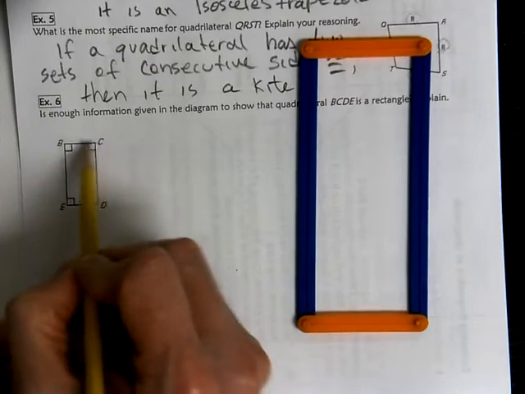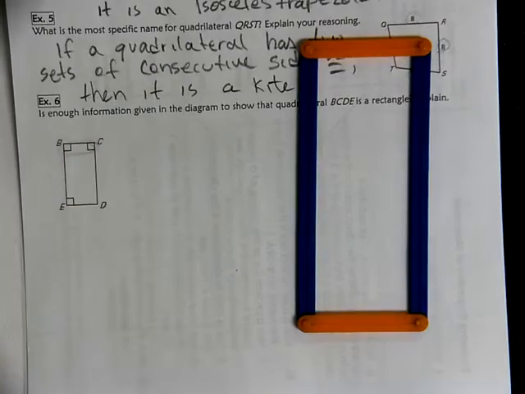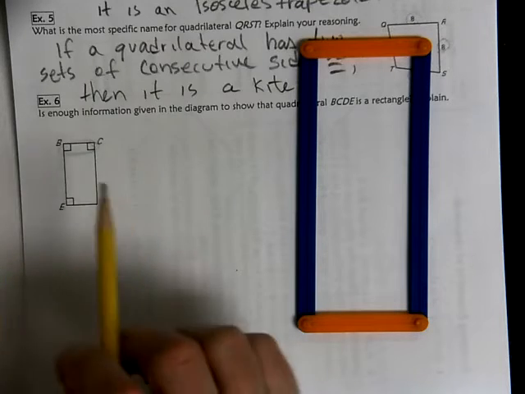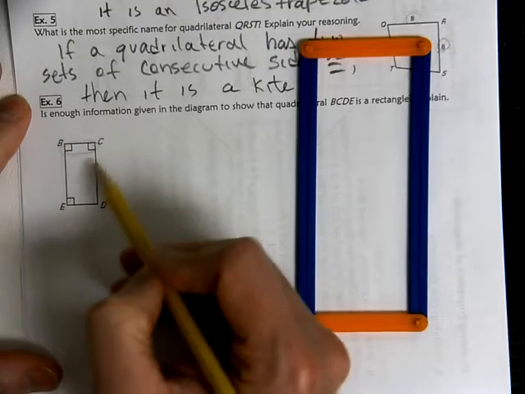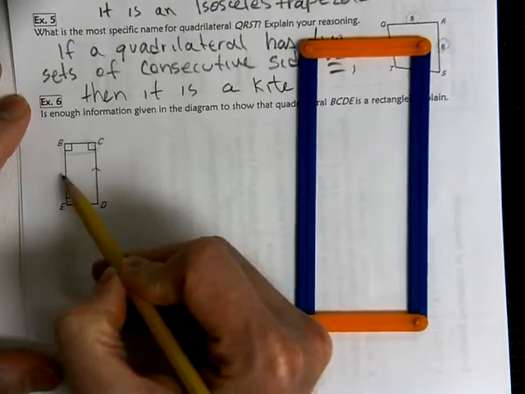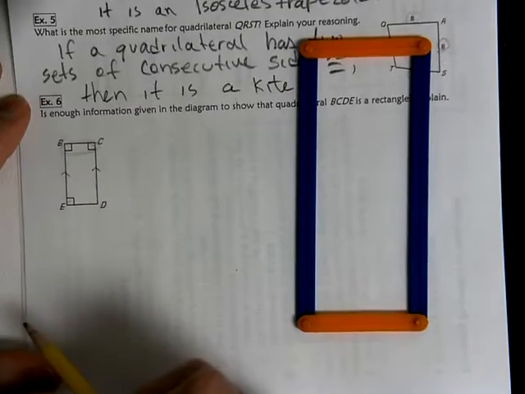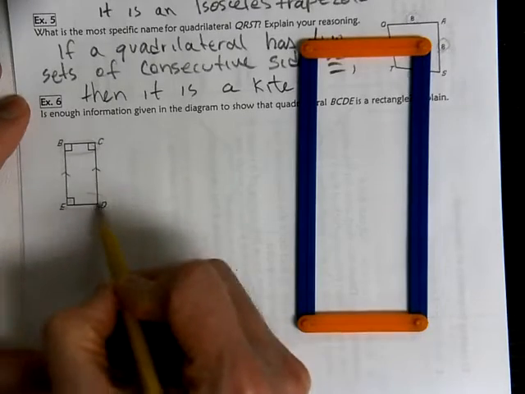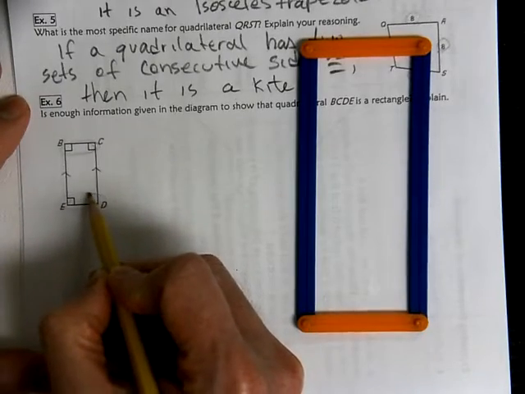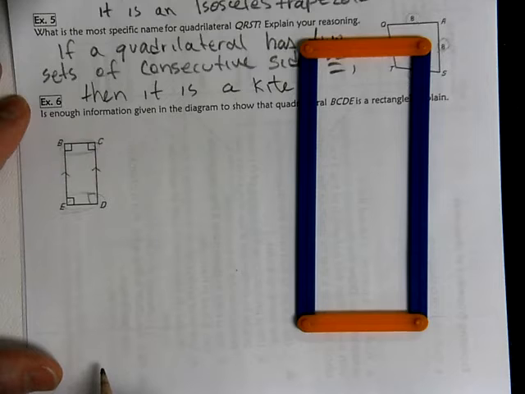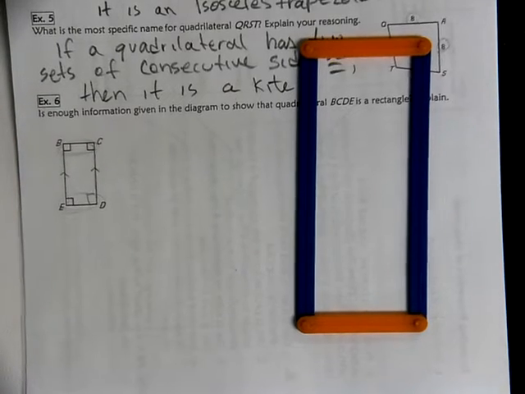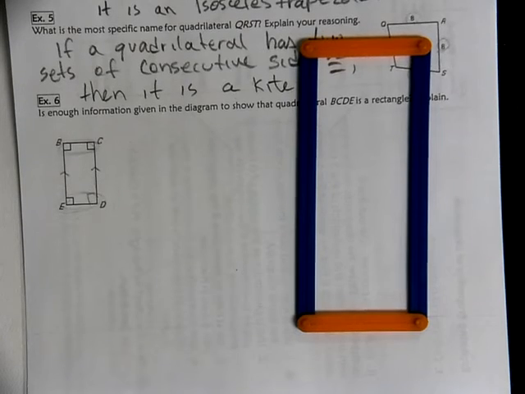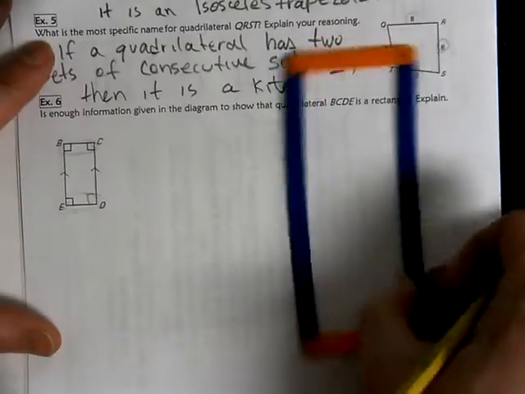These two angles are right angles, which makes these two sides parallel to each other, which means these have to be supplementary, which makes that a right angle. That's another way to do it. There's a couple different ways we can be certain that angle D is a right angle.